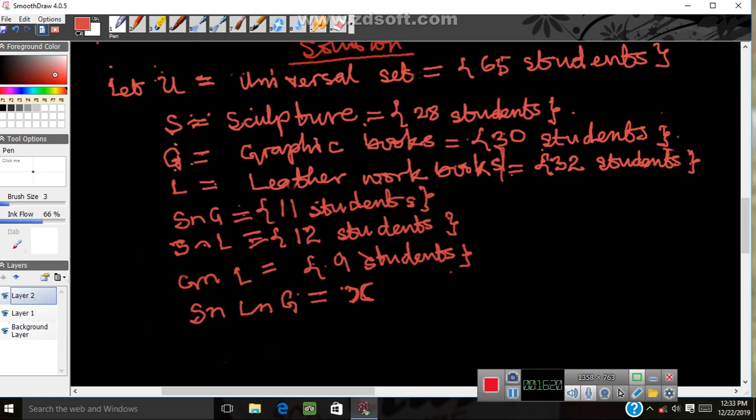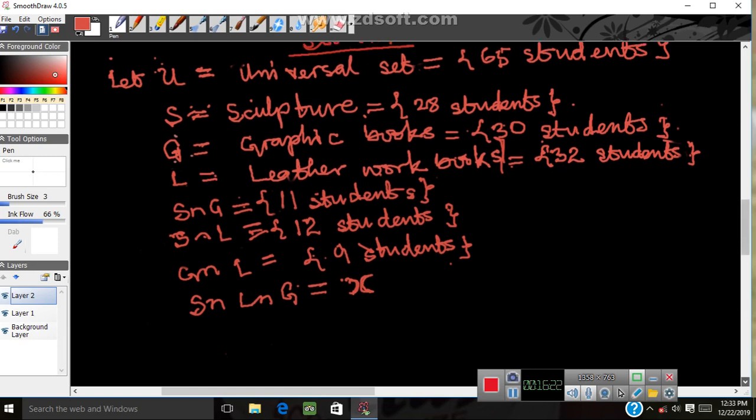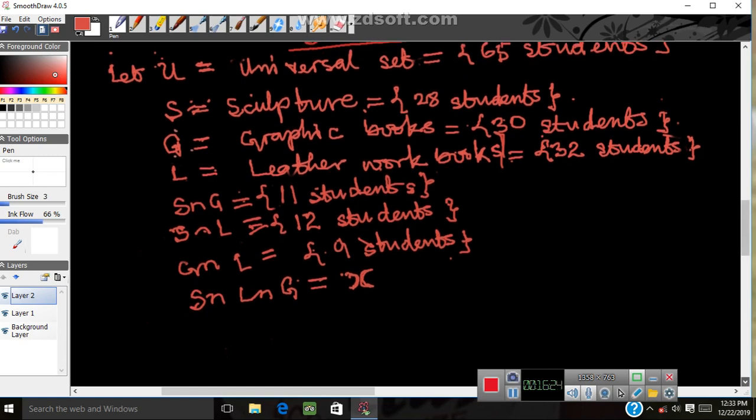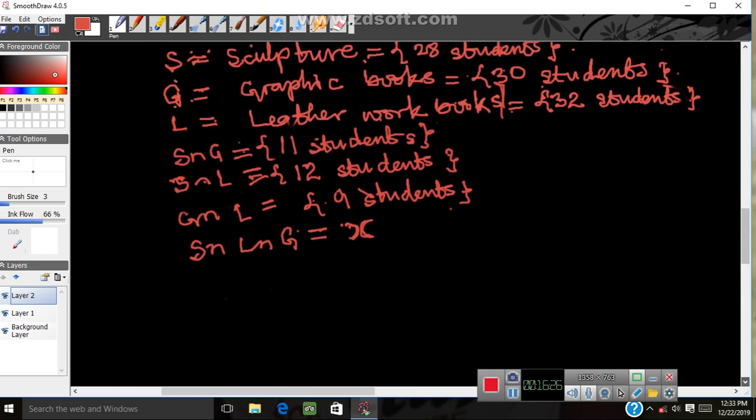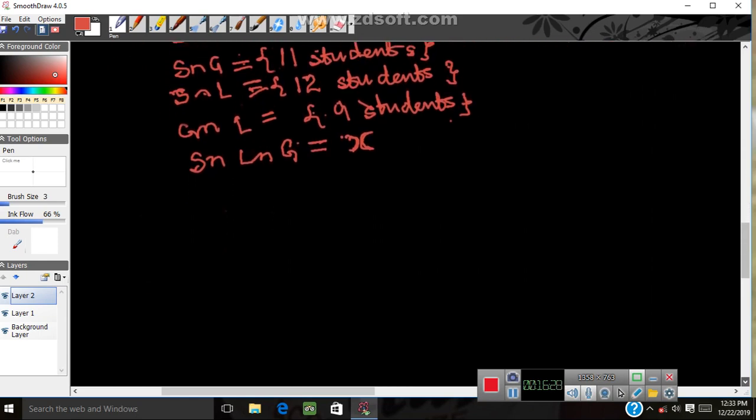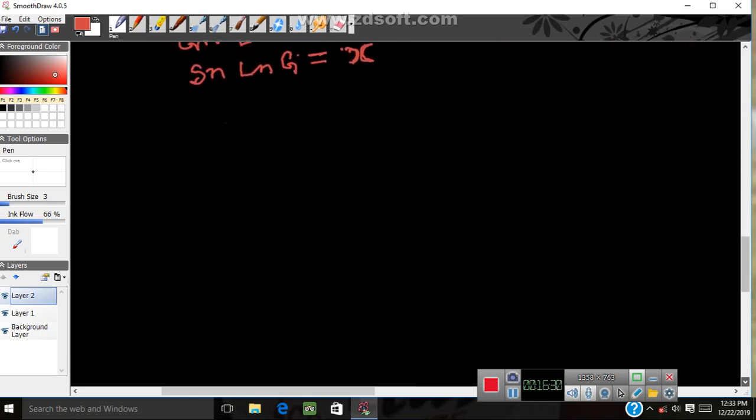So the diagram must be drawn twice. When you're using this approach, always remember that the diagram must be drawn twice. The first diagram is called the sketch Venn diagram, and the second one is called the revised Venn diagram. So I'll move up to look for space.